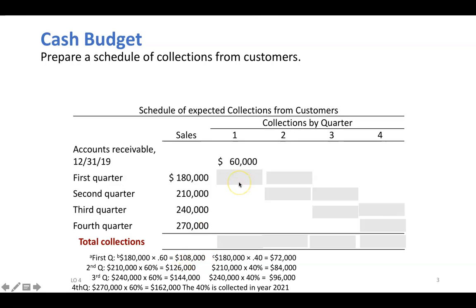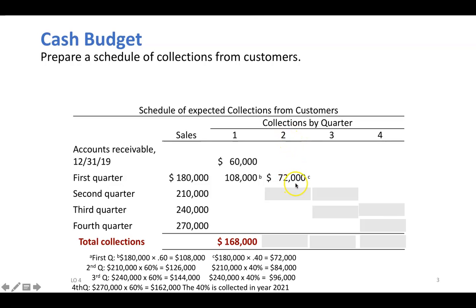So 60% of 180,000 is 108K. The remaining 40% of 180,000, meaning 72,000, is collected in Q2. So therefore, in Q1, we are collecting the amount customers owed us last year plus 60% of what we sold in first quarter, a total of 168,000.